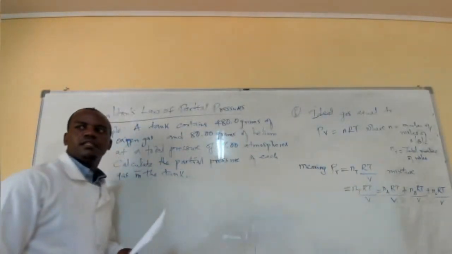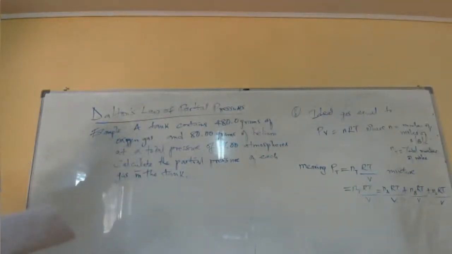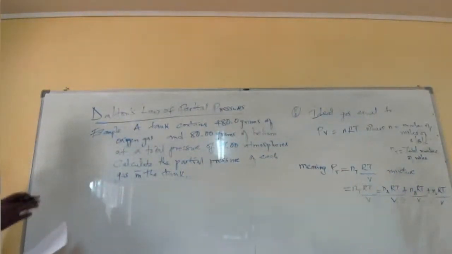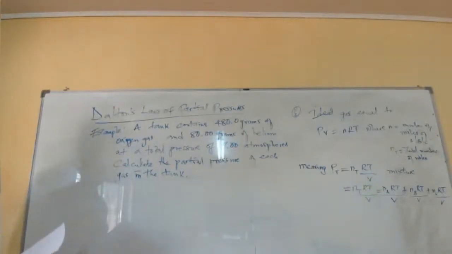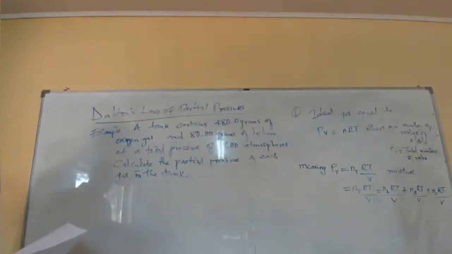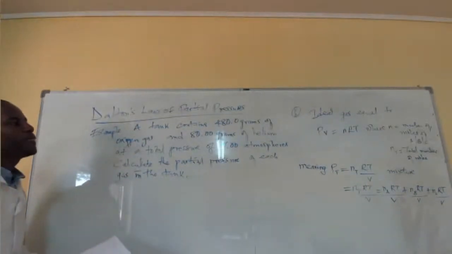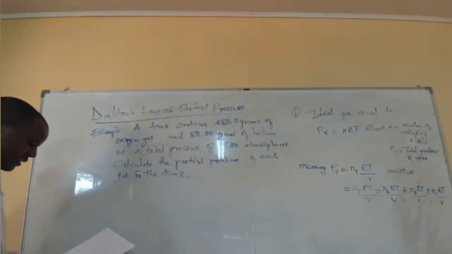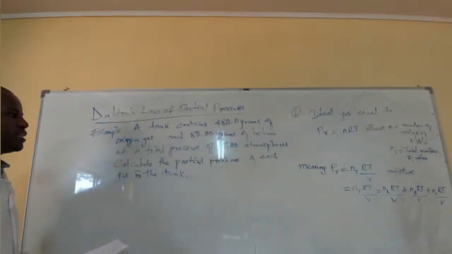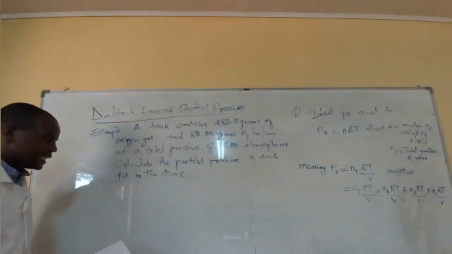So that is the question that we want to look at. The tank contains 480.0 grams of oxygen gas and 80.0 grams of helium, at a total pressure of 7.0 atmospheres. Calculate the individual partial pressures of these gases in the tank.